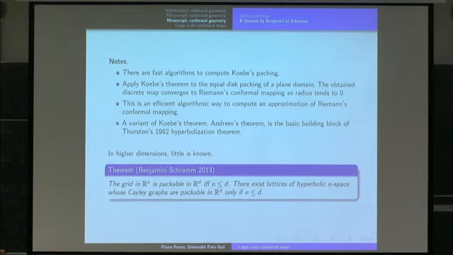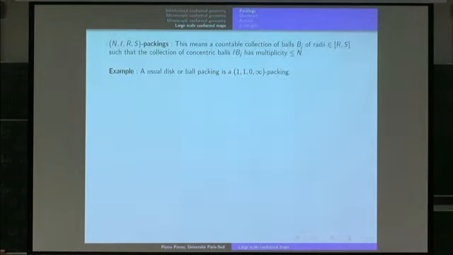So what should replace a disk or ball packing is this notion of an (R, S, L, n)-packing. It has four parameters. So what are these parameters?